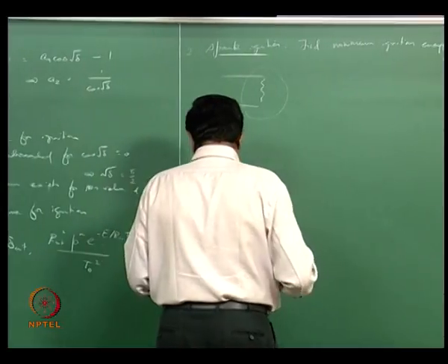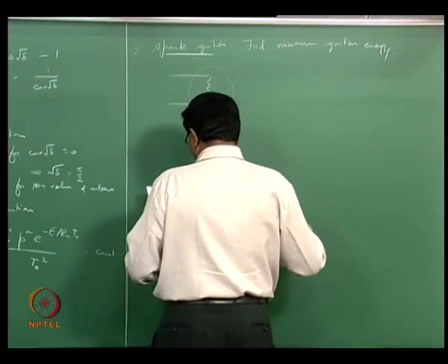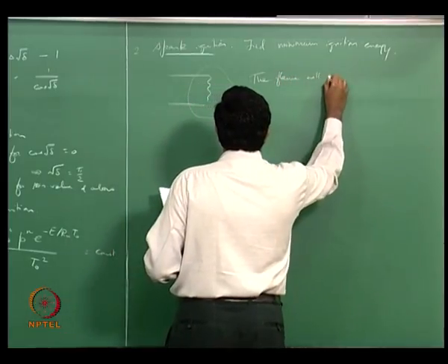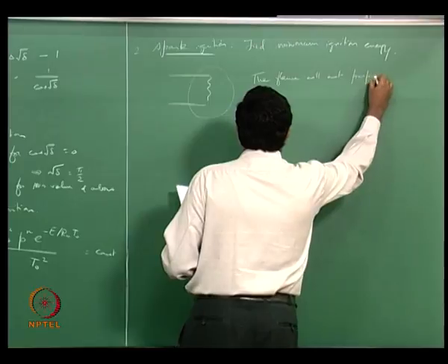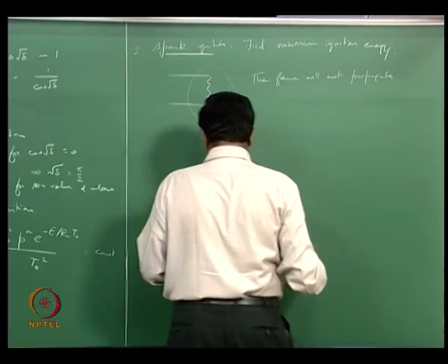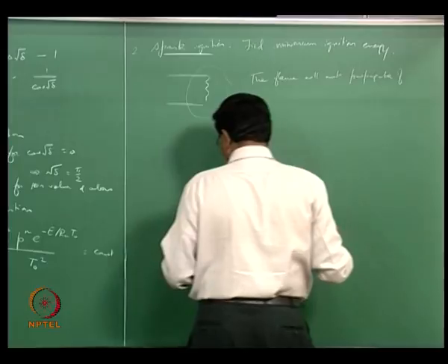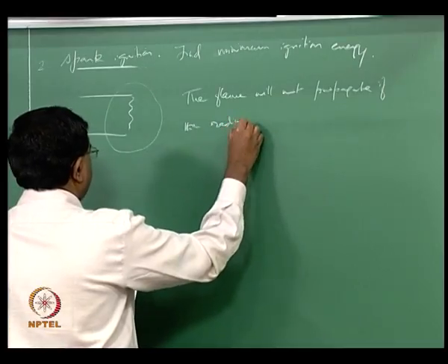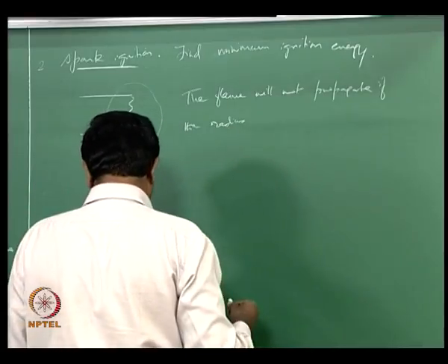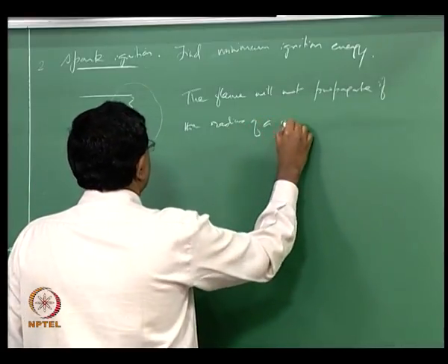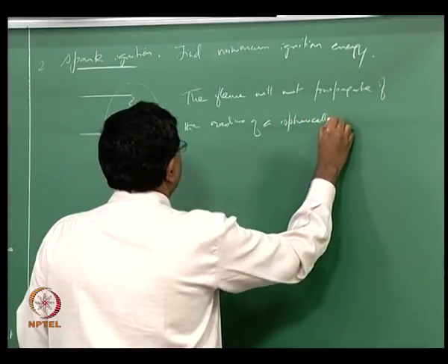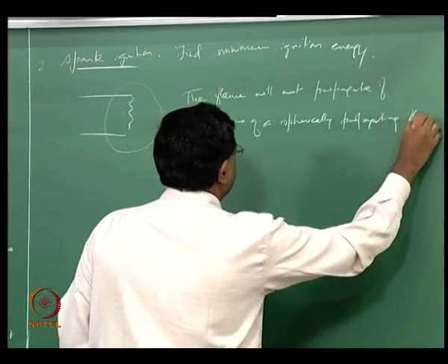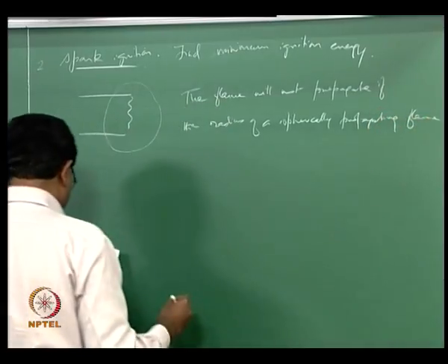So the flame will not propagate if the radius of a spherically propagating flame is less than a critical value.